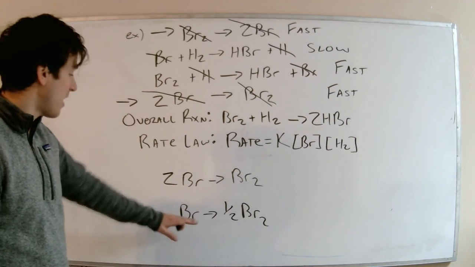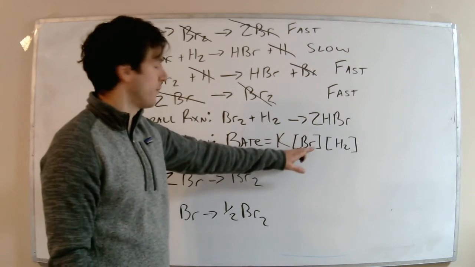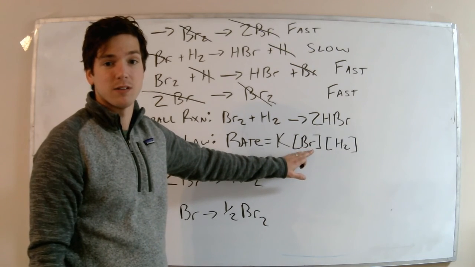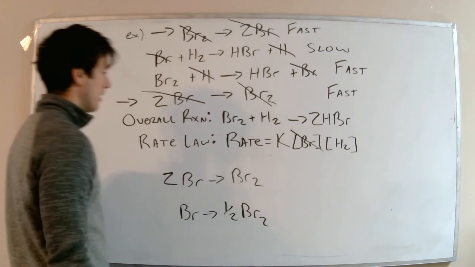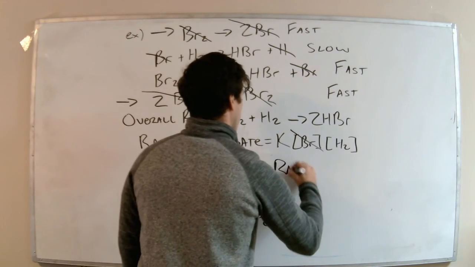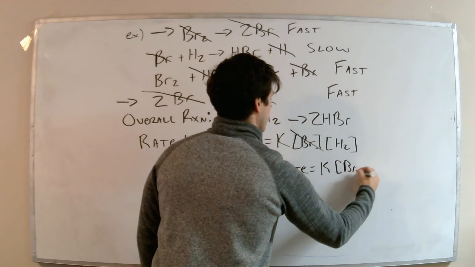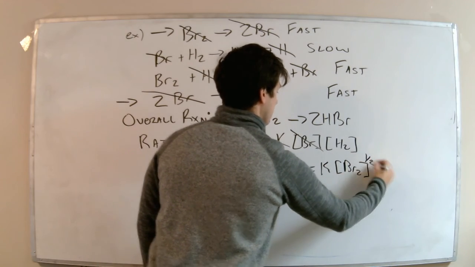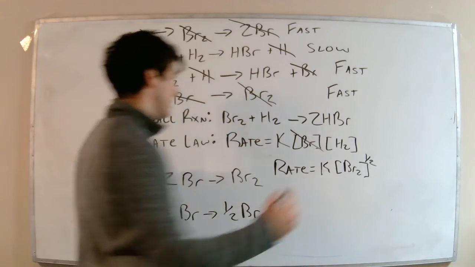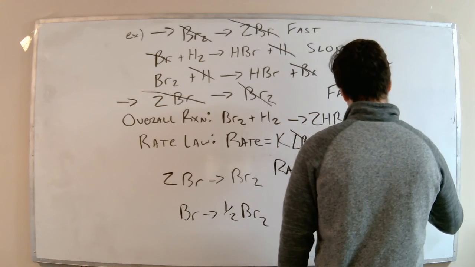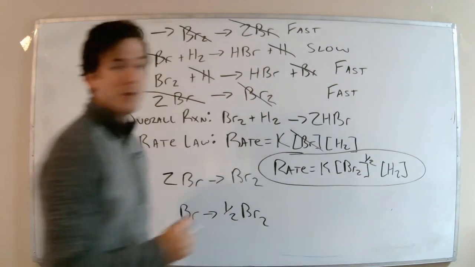Okay, now we have an exact match with our Br in our rate law. So now I could get rid of my Br, and I could replace it with something that is in my overall reaction, which is Br2. I'm going to put it to the 1/2 because the coefficient is 1/2. That's okay. And I'm going to include that H2 that was in there originally.